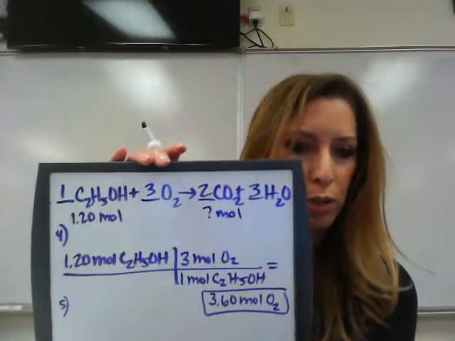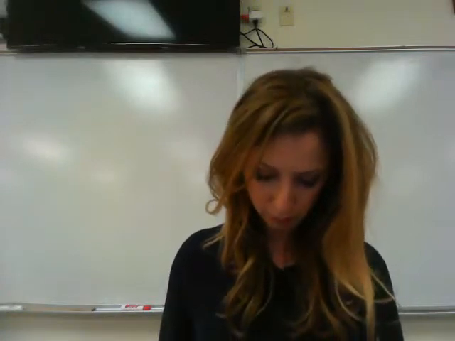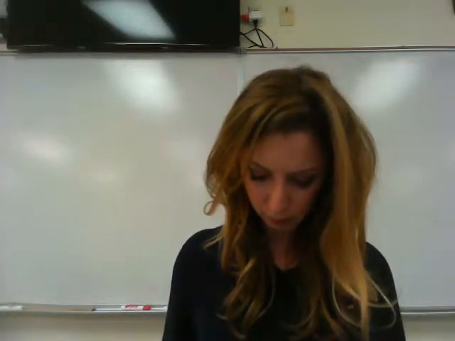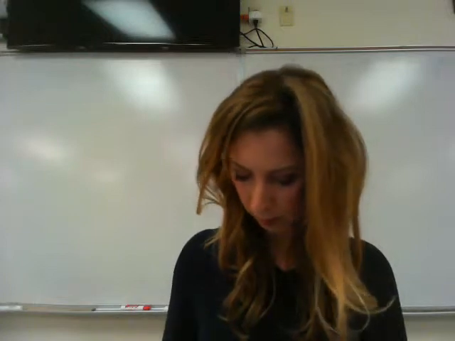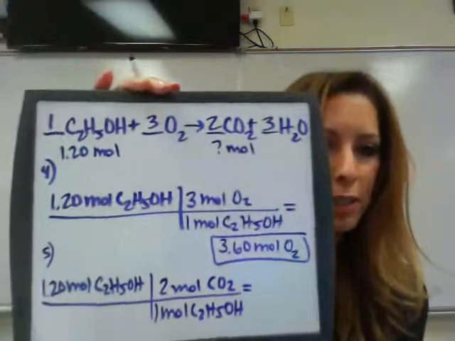So we're going to put 1.20 moles of C2H5OH in the upper left-hand corner. And then I have 1 mole C2H5OH on the diagonal and 2 moles of CO2 up on top. So it looks like this.